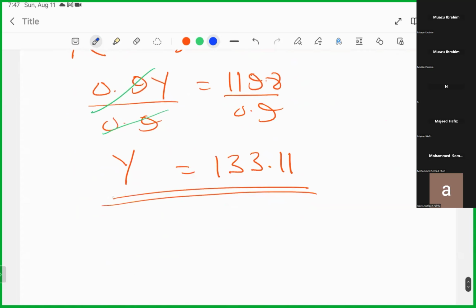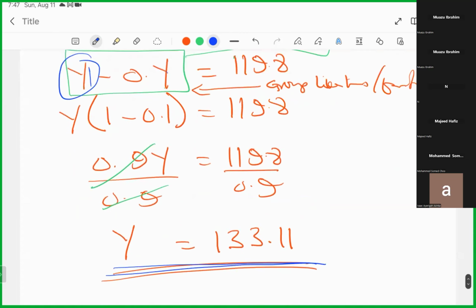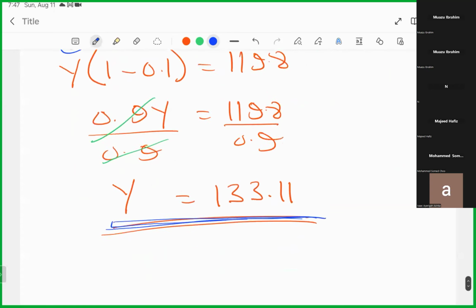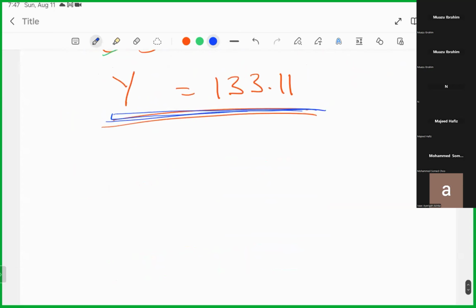So this is going to be our overall equilibrium national income, or GDP. If I ask you to comment on the trade balance, what does that mean?